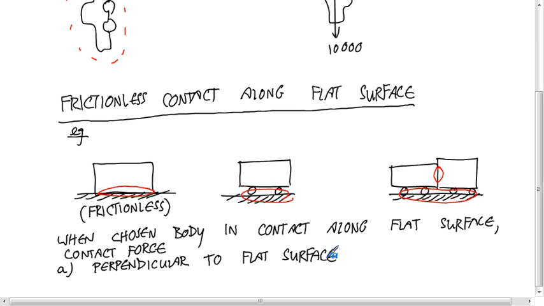Okay, so now say that we're looking for a direction that's perpendicular to this flat surface. Point in the direction that's perpendicular.